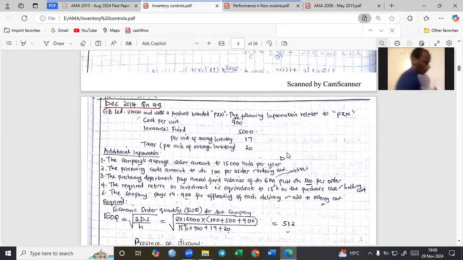The question is for December 2014, question number 4A. Before I present my board, I want you to tell me what our D is from the question. Information number 1, can you see information number 1? The company's average sales amount to 15,000 units per year. Remember, D is annual demand.